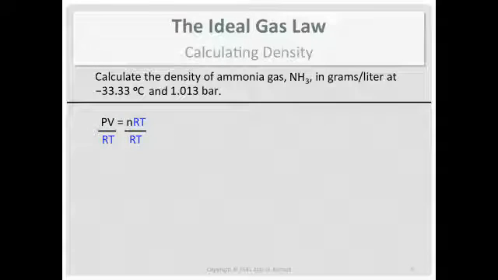Well, let's divide both sides by RT. That means it cancels on the right side, and so we're left with PV over RT equals n. Let's divide both sides by volume.